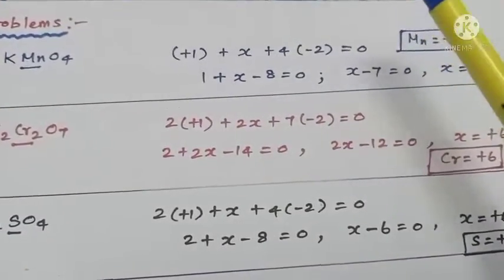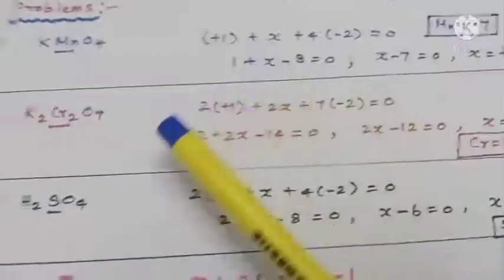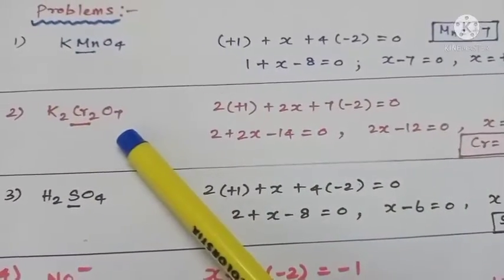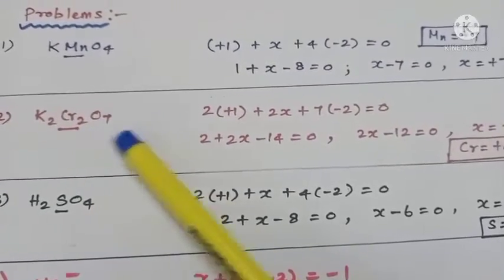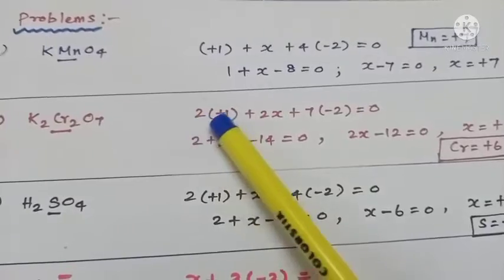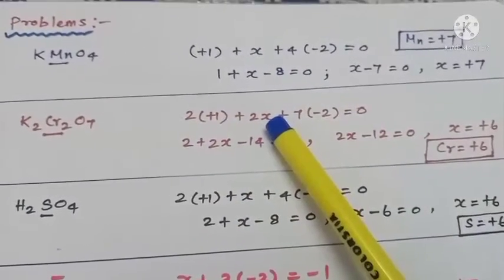Here one point you have to note down: the oxidation number is supposed to be given with a proper sign. Then the second example, K2Cr2O7, potassium dichromate. Here you have to calculate the oxidation number of chromium. Potassium, 2 atoms with +1 oxidation number, plus X, the oxidation number of chromium.